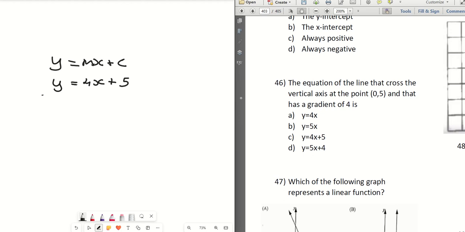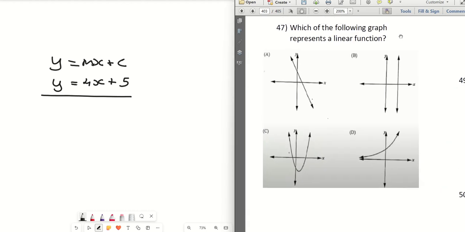So the answer is y equals 4x plus 5. Again, m is your gradient, c is your y-intercept. So your answer, 4x plus 5, is C. Next, number 47: which of the graphs represents a linear function?